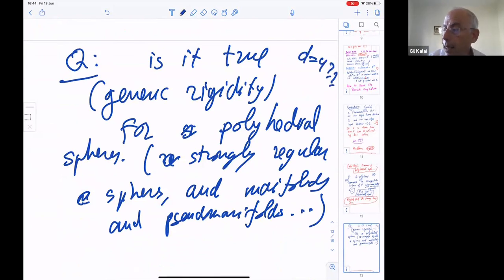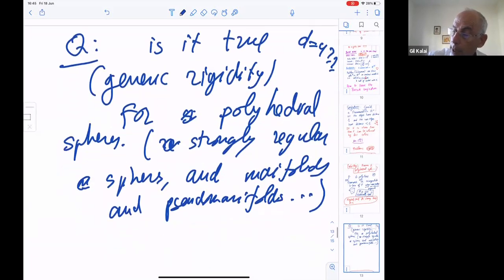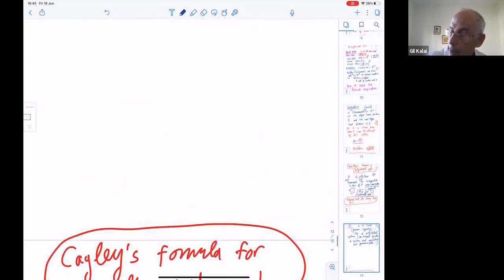So this is a problem which is quite central in this theory. And if the answer is yes, which I'm sure it is, then this would lead to a complete understanding of face numbers of polyhedral spheres. So this is a very important question, and I would like to emphasize it.